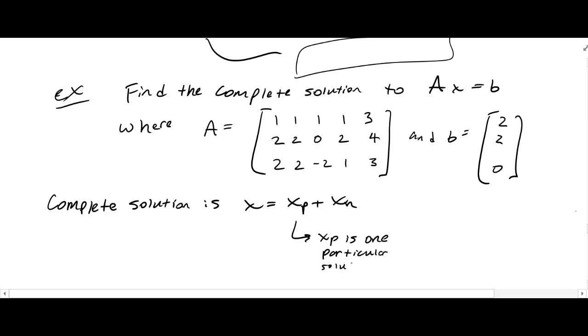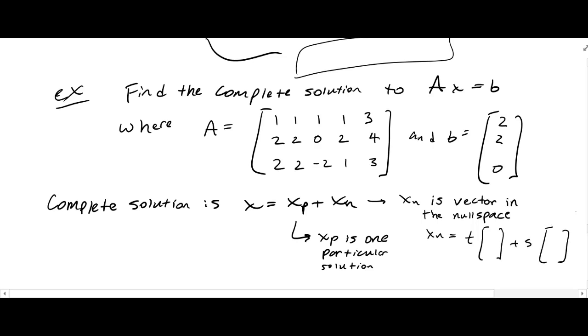That would work. And then xn is the general vector in the null space. So basically a linear combination of the special solutions is a vector in the null space. So xn will be t times one special solution plus s times another special solution.